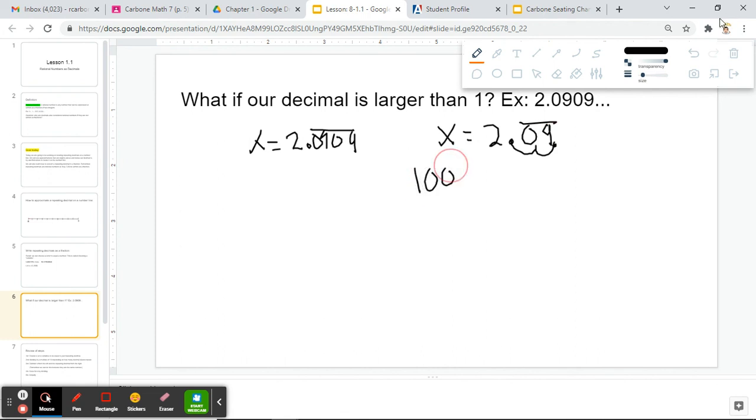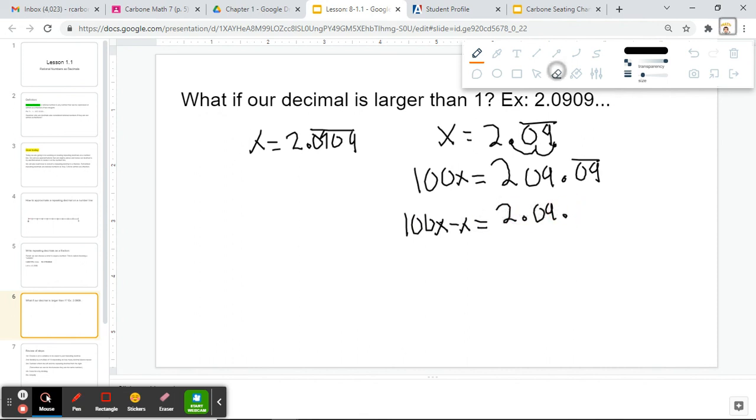So we have 100x is equal to 209.09 repeating. All right, now we can subtract x from both sides. So 100x minus x will be equal to 209.09 repeating minus 2.09 repeating.